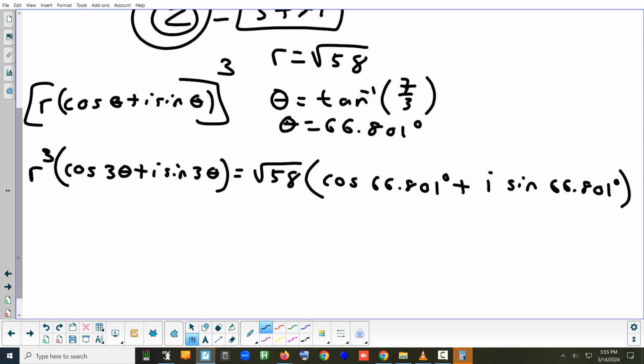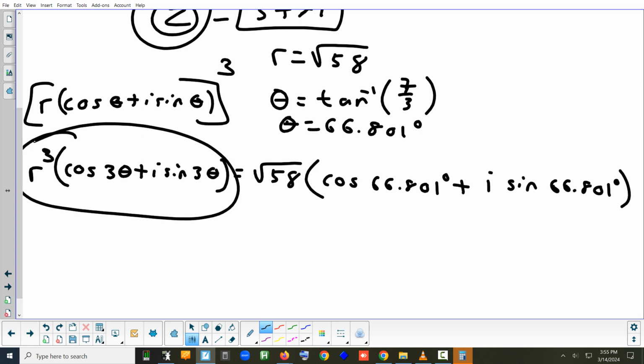Okay. What's your radius on the left? Would be square root of 58 to the power of 3. So just looking at the left-hand side, what is your radius? Or how is it represented? It's not a number. So what in this represents your radius?